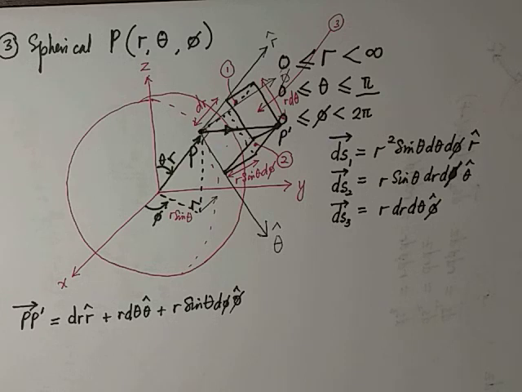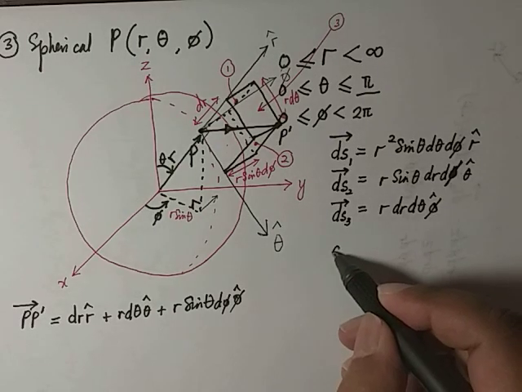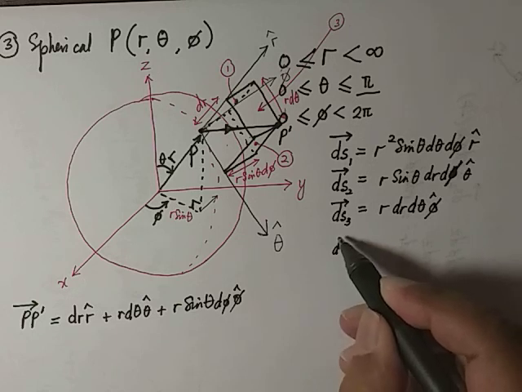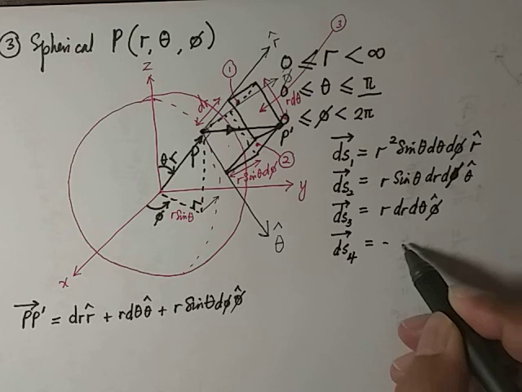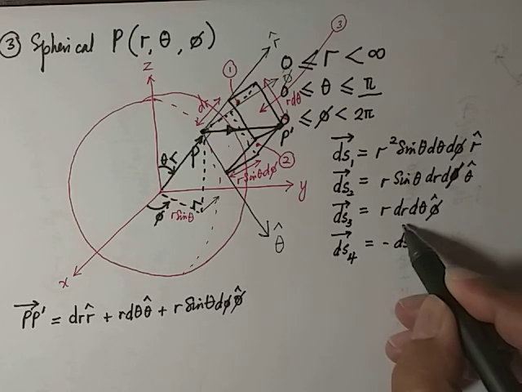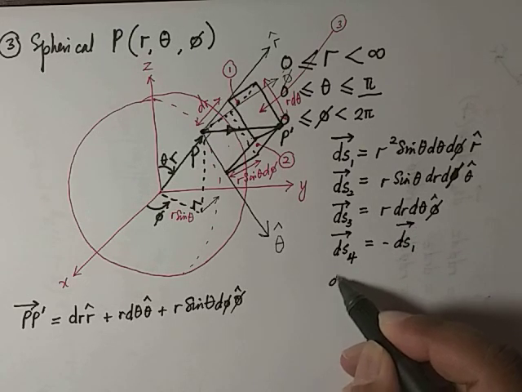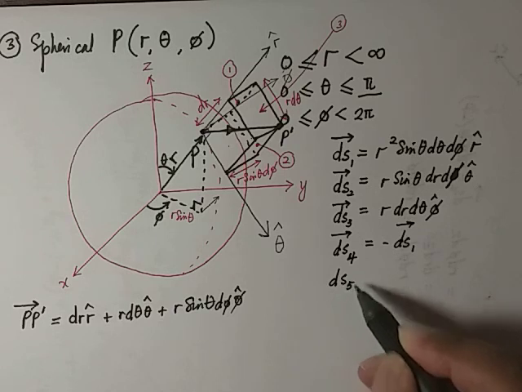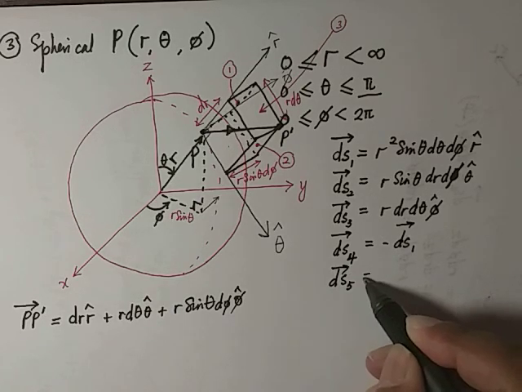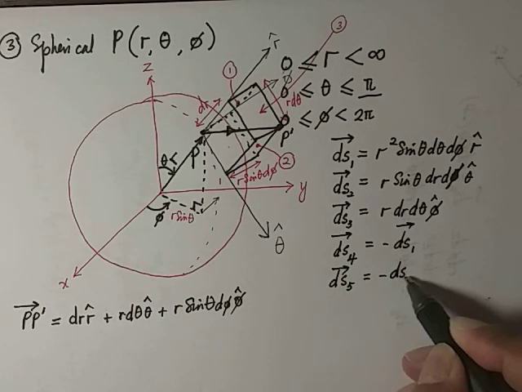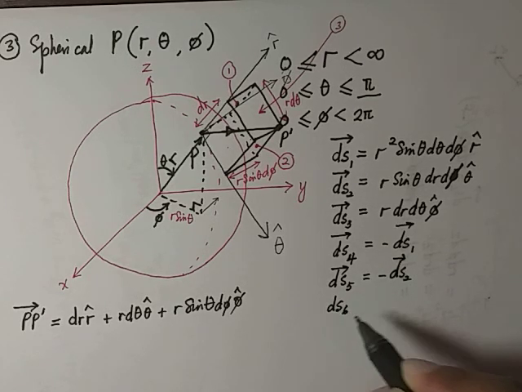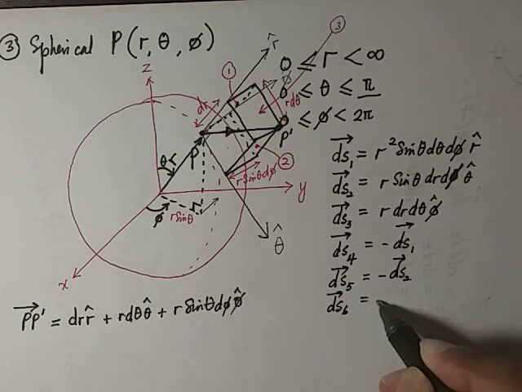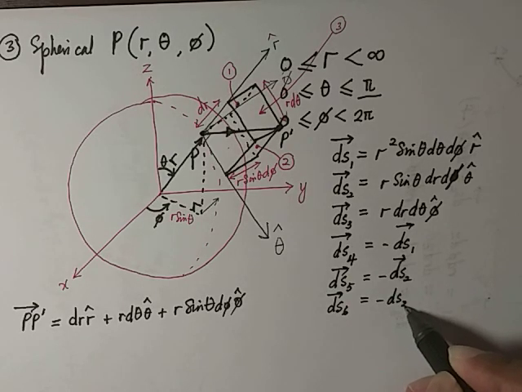And ds number 4 is going to be opposite to ds number 1, so it's going to be the negative of ds number 1. Similarly, ds number 5 is going to be the negative of ds number 2. And lastly, ds number 6 should be the negative of ds number 3.